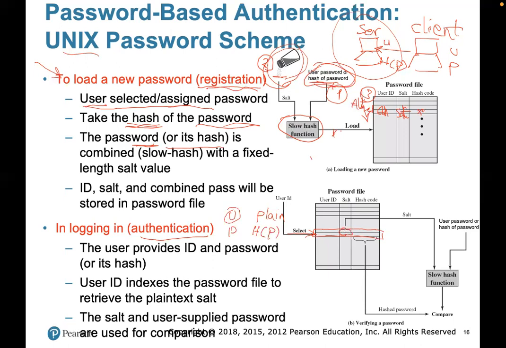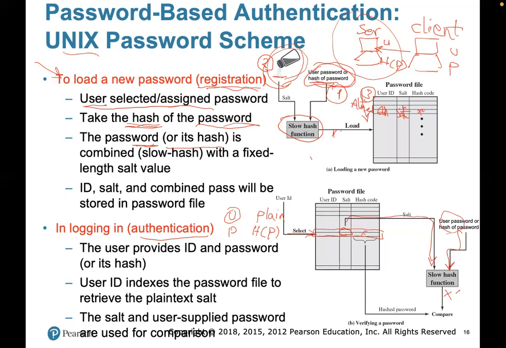The salt is the random number that the server generated at the time the user wanted to be registered. It takes the same salt, and the server side hashes the hash of password with the salt another time, for the second time. It gets a value, let's call it X prime.